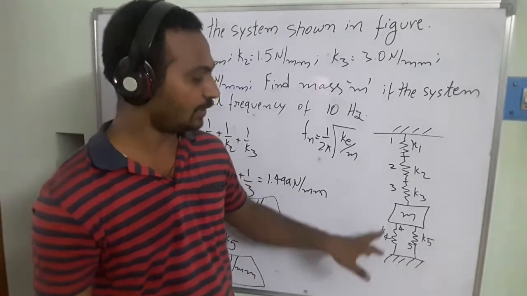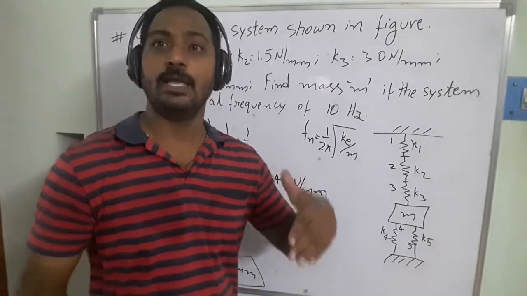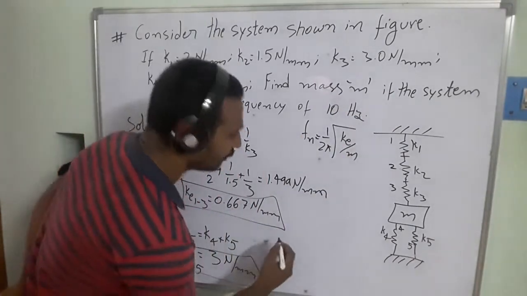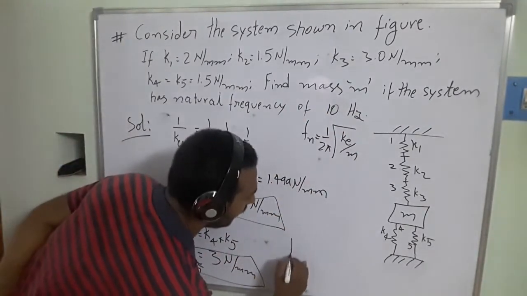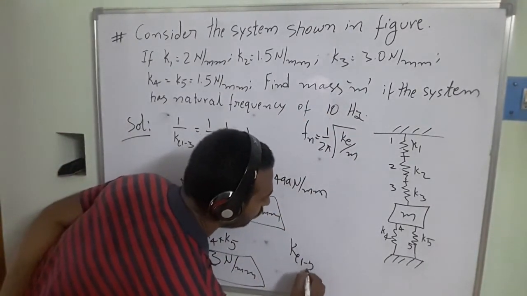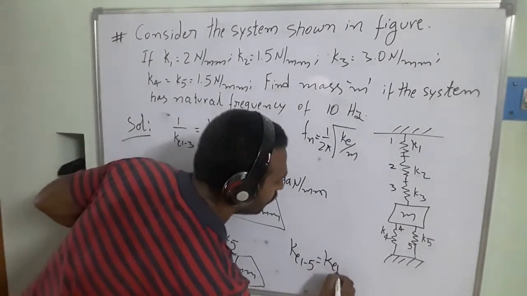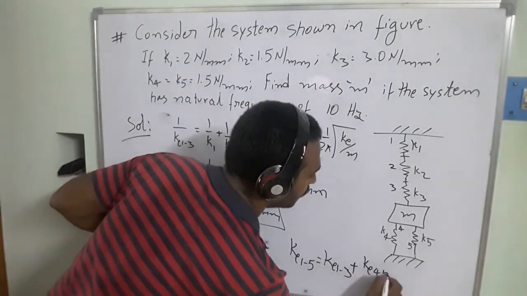In this case the deflection is the same in the springs above and below the mass. So I take the equivalent stiffness of these springs, Ke 1 to 5, equal to Ke 1 to 3 plus Ke 4, 5.